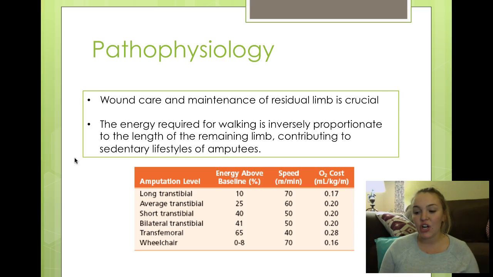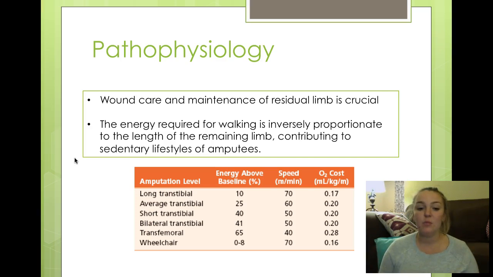Even non-vascular amputees have had higher rates of CVD, hypertension, and adult onset diabetes because of the sedentary lifestyle that this creates. For average transtibial amputation, the energy required to do the daily things that we would do as non-amputees takes 25% more energy.